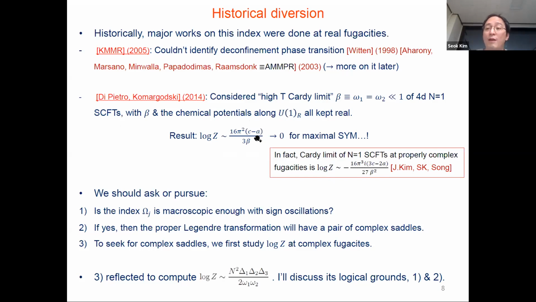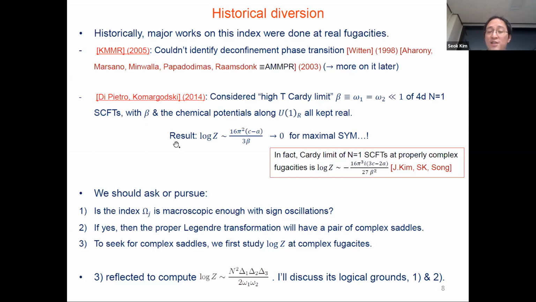So the theory with gravity duals have c and a equal at the leading order. So even if the central charges are both proportional to N squared, this subtracted quantity will be much, much smaller than N squared. So this is a second frustration. Okay? And now we can interpret all these results as occurring from the fact that they worked on the real slice only.